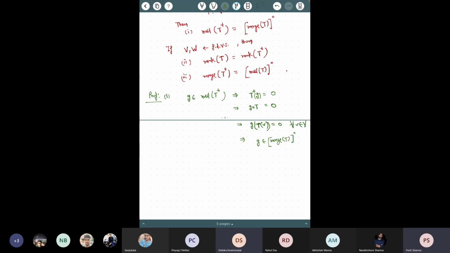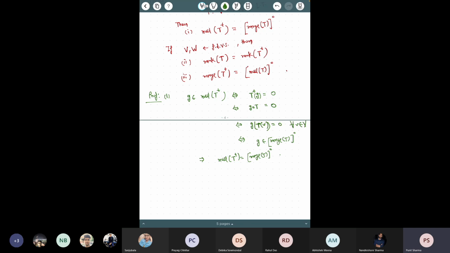But then it's the same thing as saying that T transpose G is 0, because G composed with T is actually T transpose G. If this is the case, then you can say that G belongs to null of T transpose. So what I'm saying is that the other direction is also true in this case. And therefore you can say that null of T transpose is the same as the annihilator of the range of T.